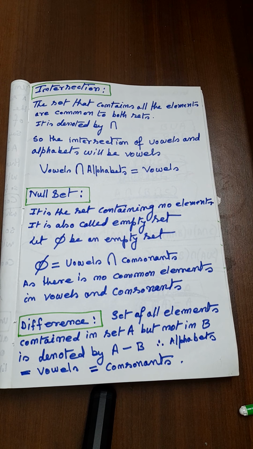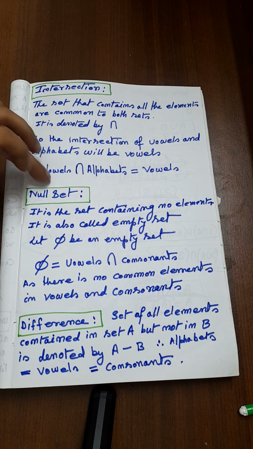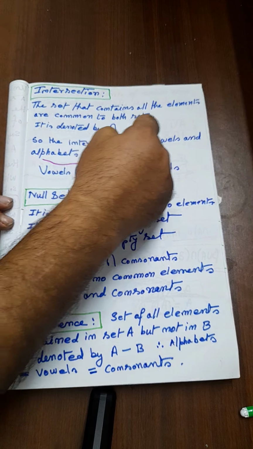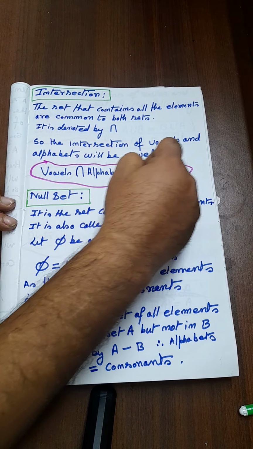If you have two sets, I have given you the example of vowels and alphabets. If you intersect them, we will only get vowels.